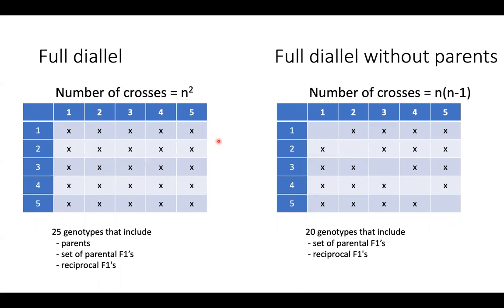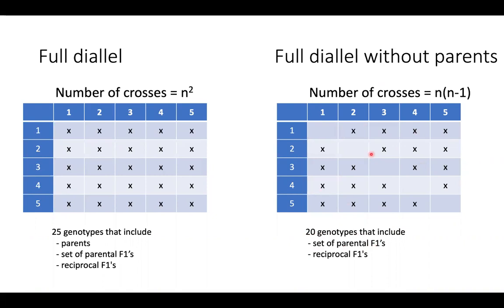Okay, so we can also use a diallel without the parents. And this is the formula for you to calculate how many crosses or how many genotypes you will have after making those crosses. So among this, you will have 20 genotypes that include a set of parental F1s here and the reciprocals.